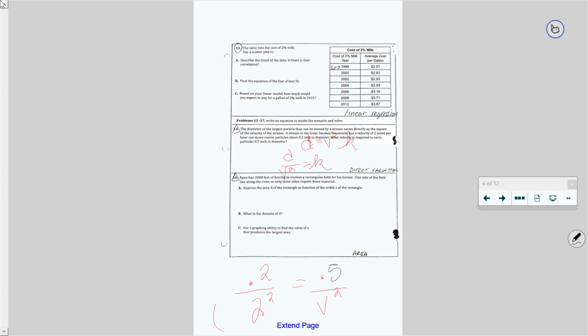So 14. The way they did 14, I think I would set it up a little differently, right? So the person that made these worksheets, I took their answer key and I linked it. So I'll show you the difference between the two. So let's see. Ryan has 3,000 feet of fencing. River is one side. You use all the fencing.